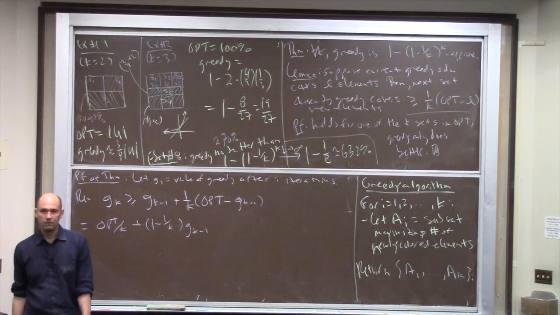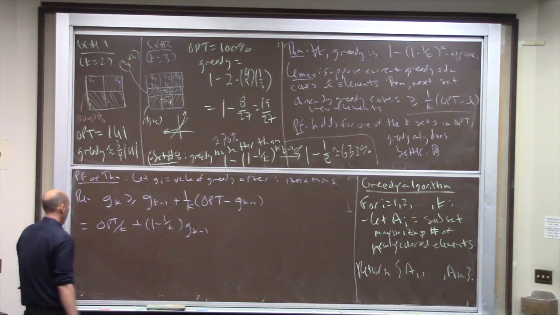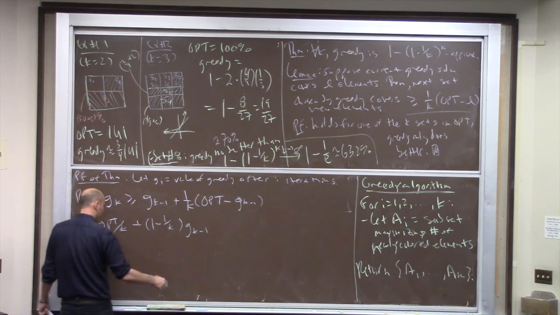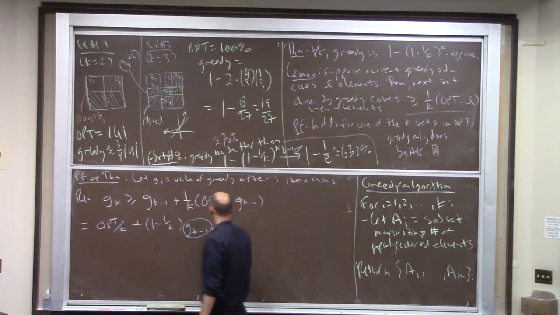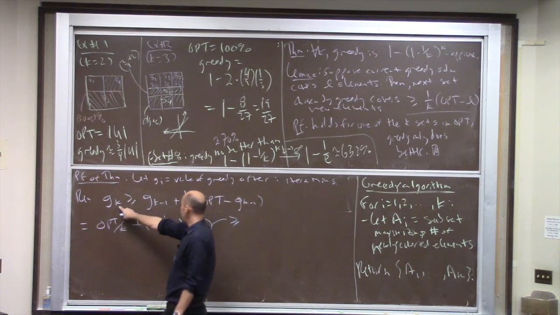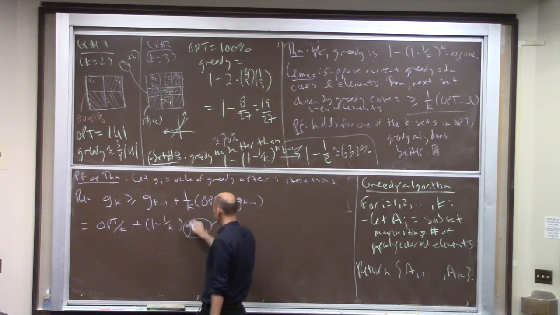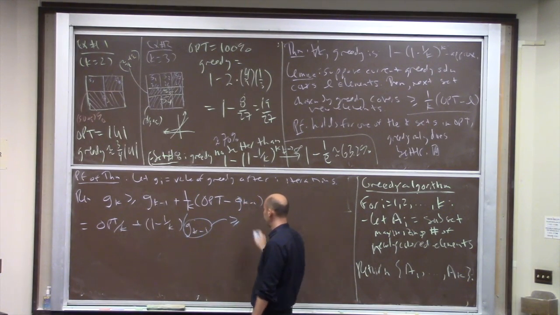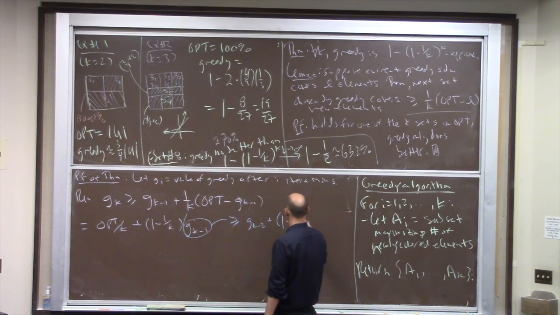Just reorganizing terms. And now, of course, we can just play exactly the same trick. This gave us a lower bound on G_k. For G_{k-1}, we're going to get exactly the same lower bound with the indices dropped by 1. So at least G_{k-2} times (1 minus 1 over k), plus opt over k.